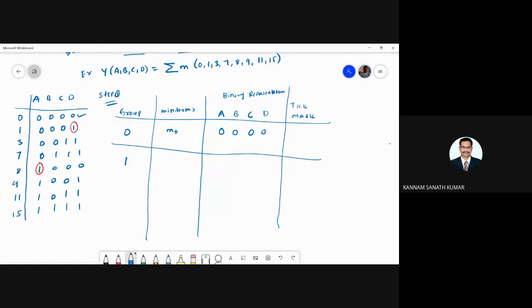M1 has only one 1, and M8 has only one 1. So what is M1? 0 0 0 1, and next M8 is 1 0 0 0. So this is group 1.